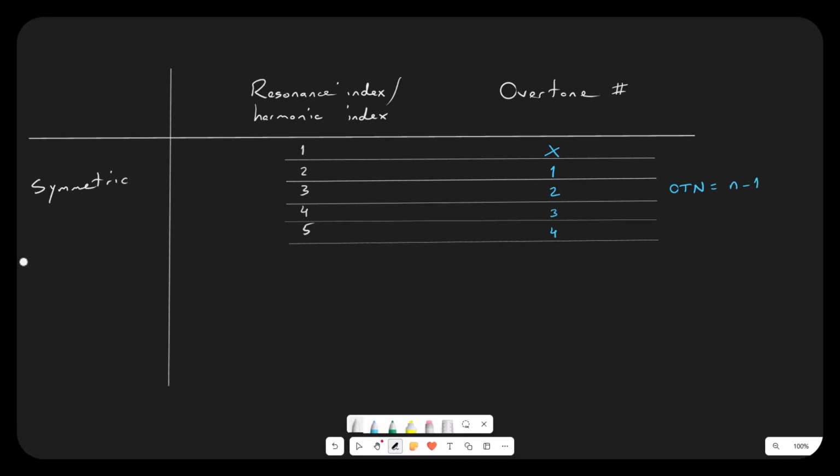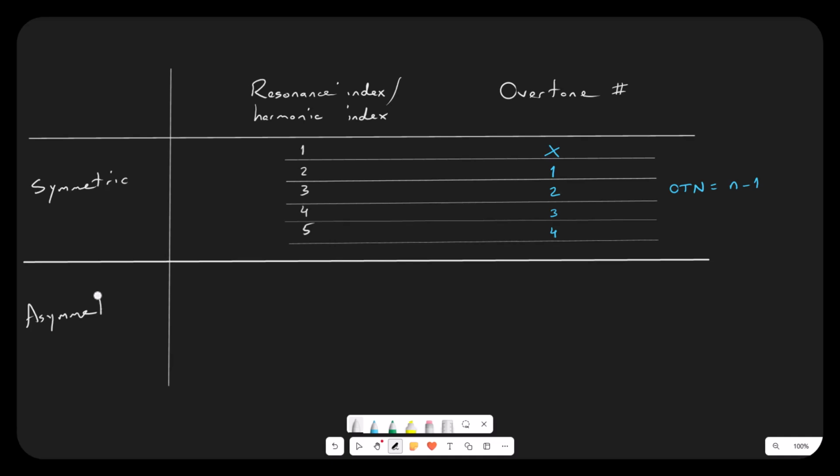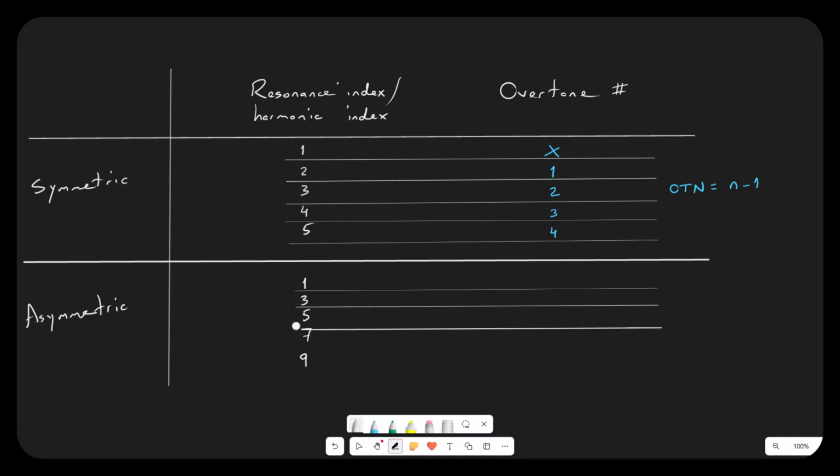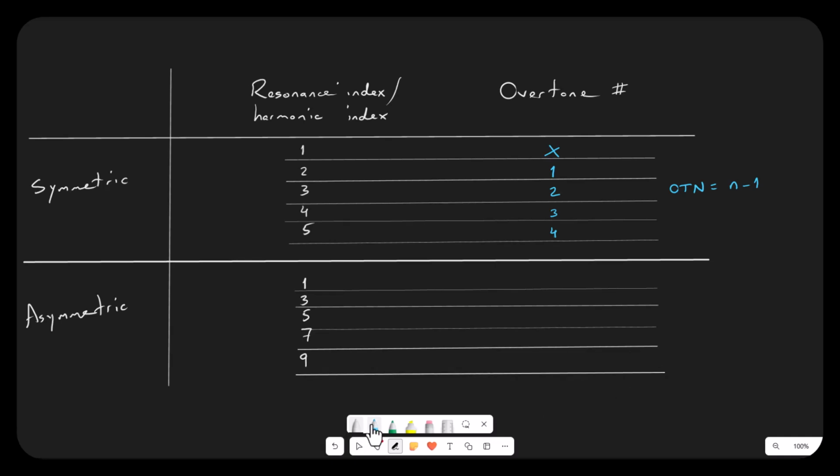For the asymmetric case, it's just a little different, because everything's just a little different. I can use indices 1, 3, 5, 7, 9. I can't use my even numbers here. So when I write these out, and now I want to look at my overtone numbers.